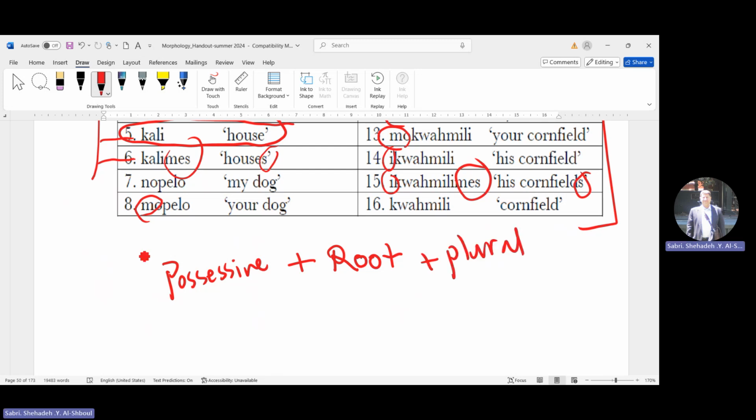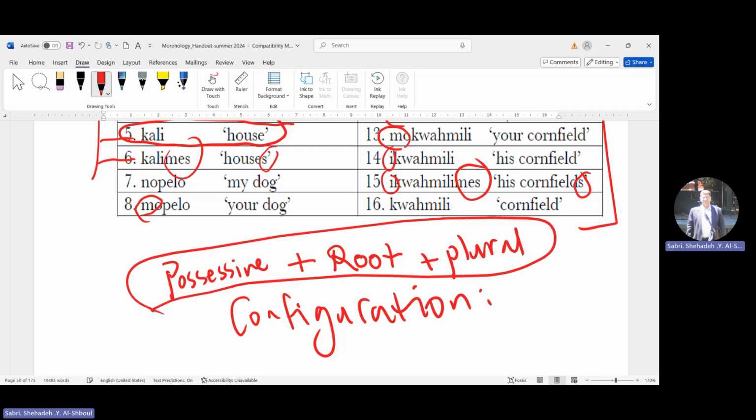So the configuration of this language allows for the following rule: we have a root or stem, preceded by a prefix which reflects the possessive marker, and it ends with the plural marker.